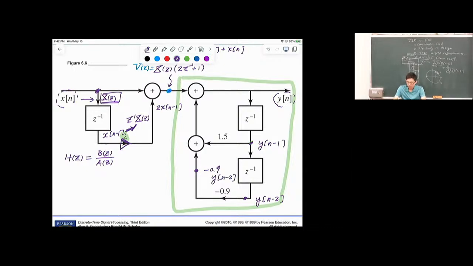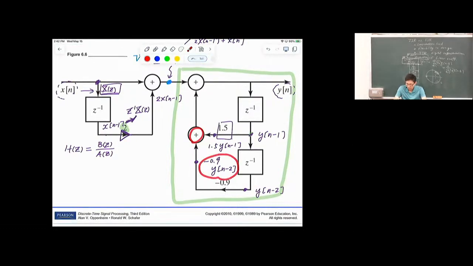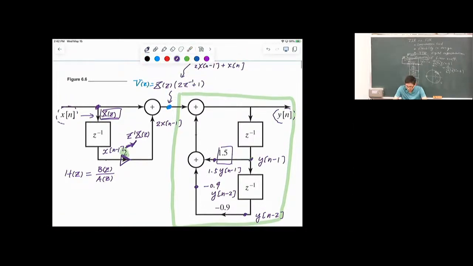Similarly, right here, after a factor of 1.5, we have 1.5 y of n minus 1. And there is a summation, so we add these two terms. The output here simply is the summation of 1.5 y of n minus 1 minus 0.9 y of n minus 2. That's right here.